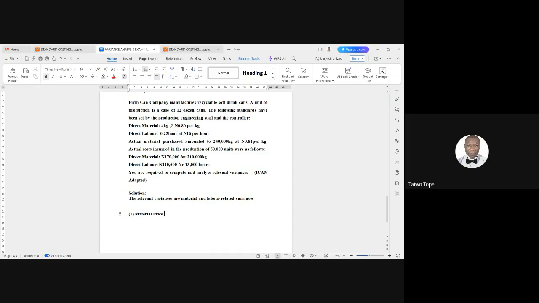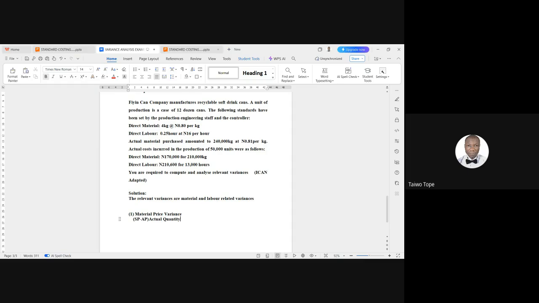Material price variance. To compute the material price variance, what do we need? Standard price minus actual price. The formula is standard price minus actual price in relation to what?